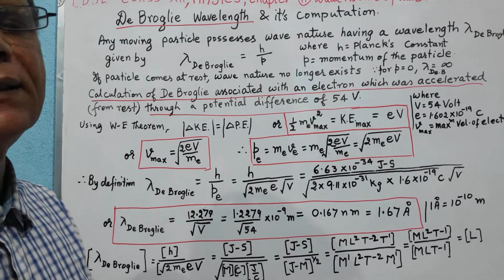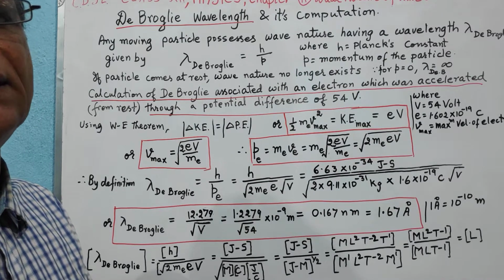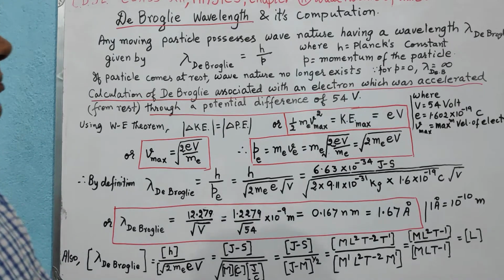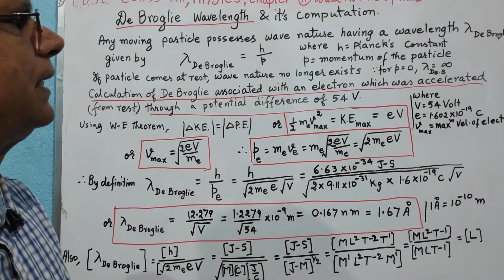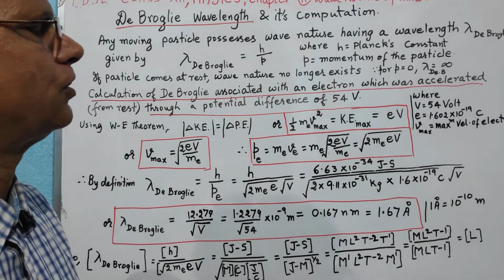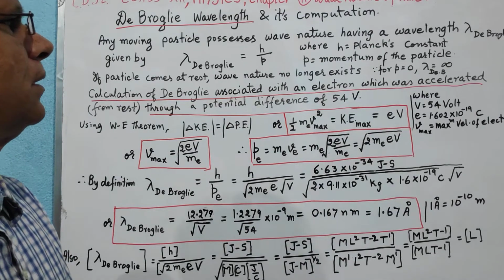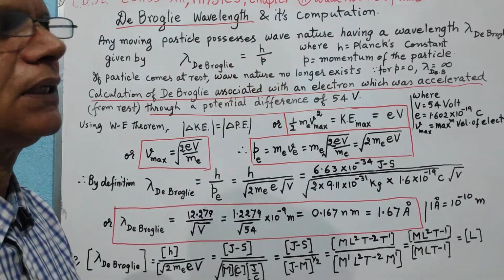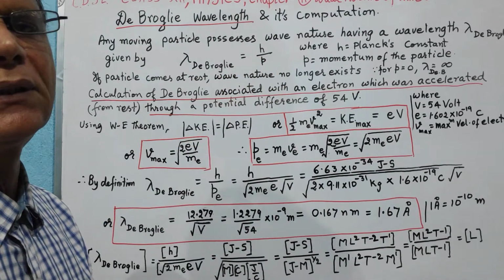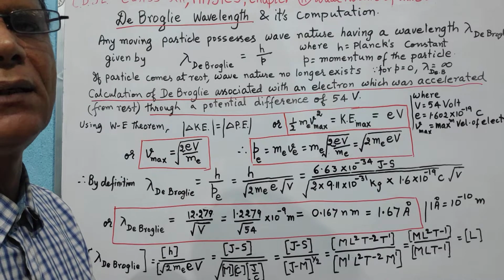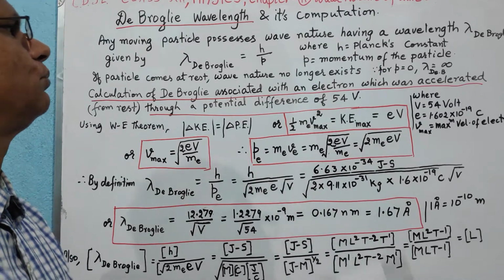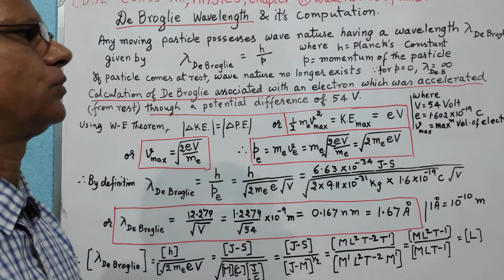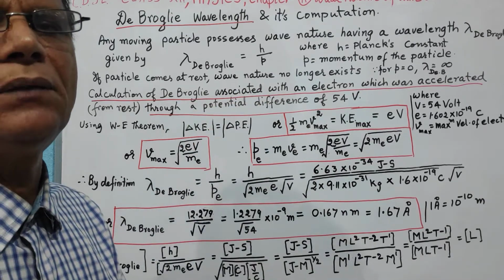and we have already discussed it in Planck's equation, E is equal to h nu. The momentum of a particle is equal to mass times its velocity. So certainly, if you refer to this equation and take the speed of a particle to be 0, then the momentum of that particle will become 0, and therefore the wavelength associated with that particle will be infinity.